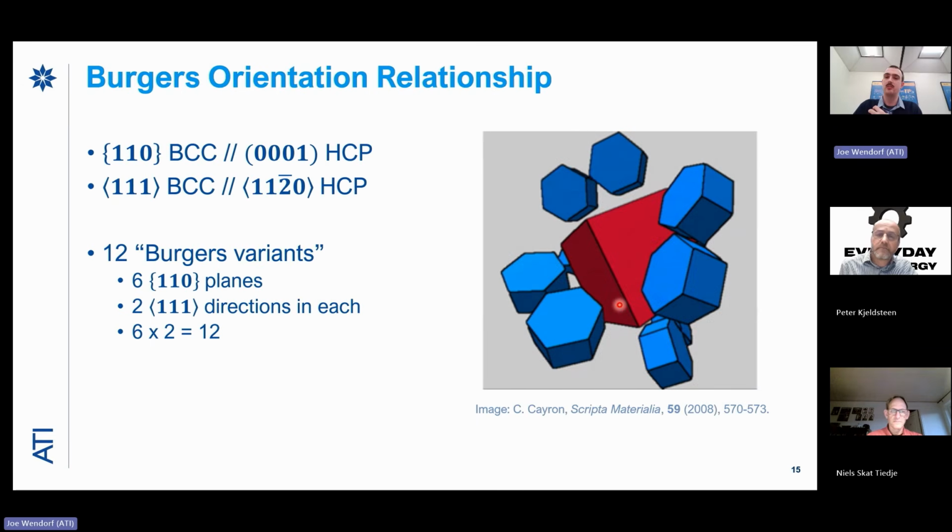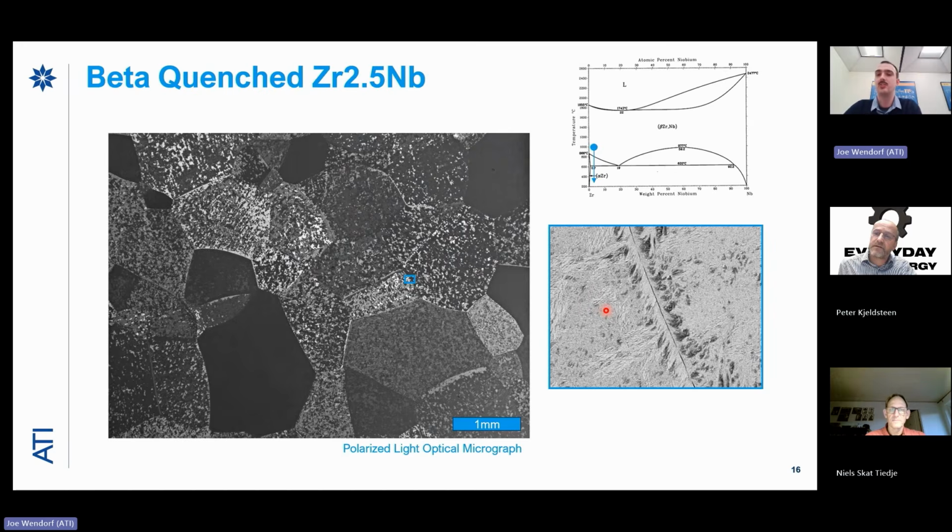So you have two different cubes here, but there's usually at least one variant that is common between them, or with a low misorientation. And so that variant will form at these grain boundaries and form a grain boundary colony of alpha laths.